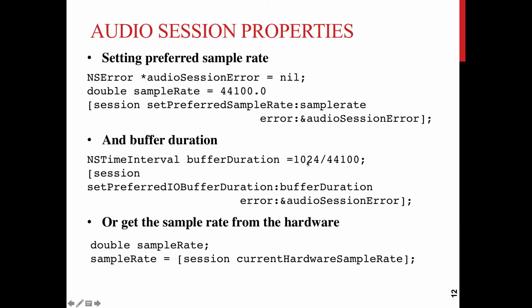So you take your frame size divided by your sample rate, and you save that as an NSTimeInterval. This is not a float, this is an NS type. But you can just pass that buffer duration to your session via the set preferred I/O buffer duration selector. Or, instead of one of the setters, if you want to get, for example, the hardware's sample rate, you just call current hardware sample rate on the session.